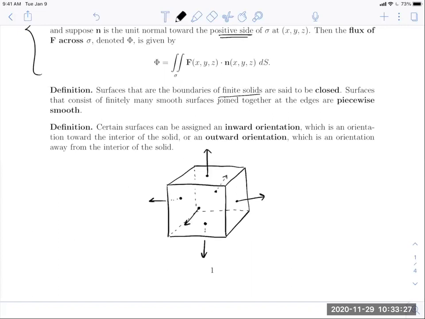All right, so this is a box, which is closed and piecewise smooth, with outward orientation.